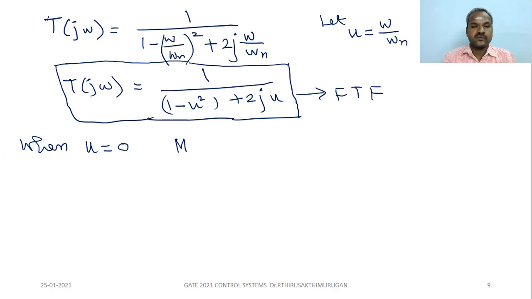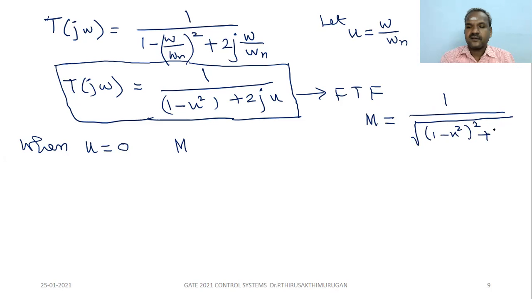First, this is the frequency transfer function. So what is the magnitude? It is 1 divided by square root of the real part square, 1 minus u square whole square, plus 4 zeta square u square.